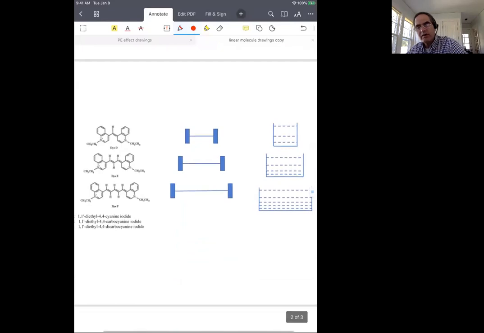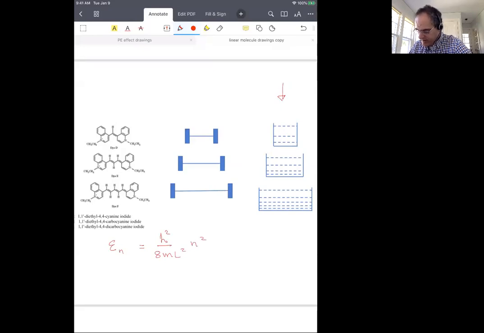So as I mentioned, we're going to assume that the systems can be treated as one-dimensional boxes for electrons. And so the energy levels in each of these should be given by the standard formula for the energy levels of a one-dimensional box: h squared over 8 m L squared times n squared.